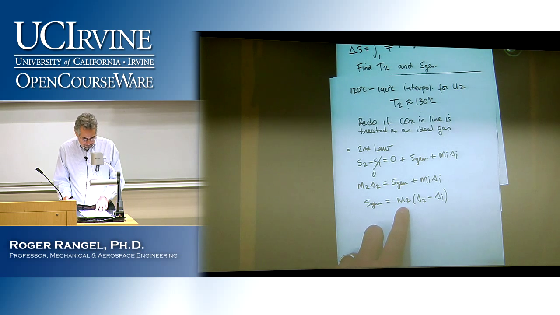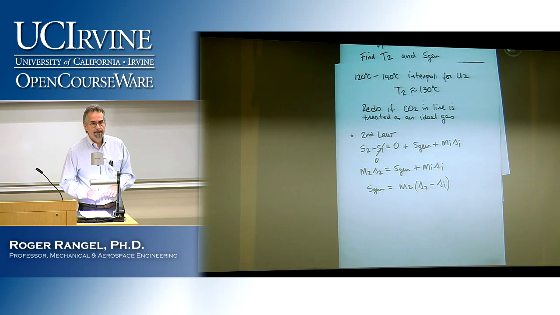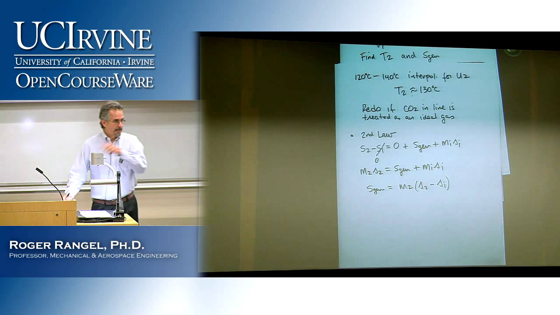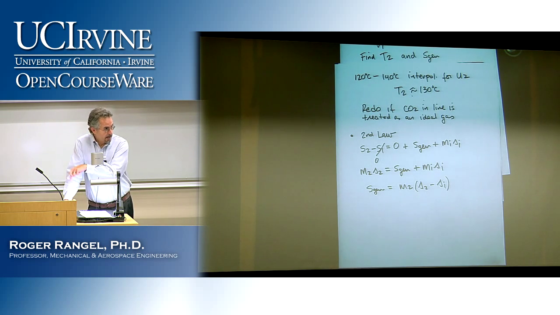How do I find m2? Well, let's say we're using the full table, not the ideal gas table, because that's the way I was doing the problem. I can just read the specific volume, right?